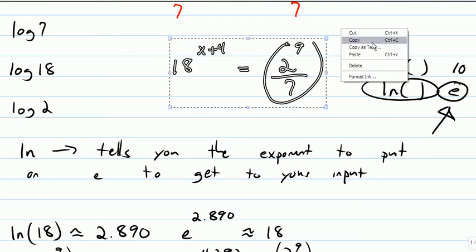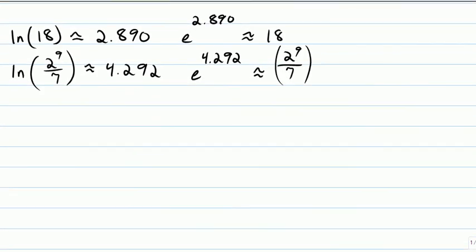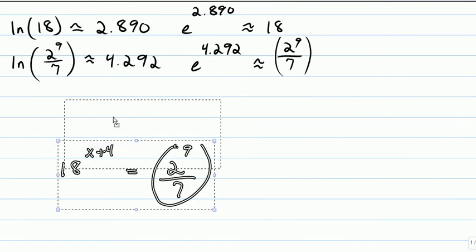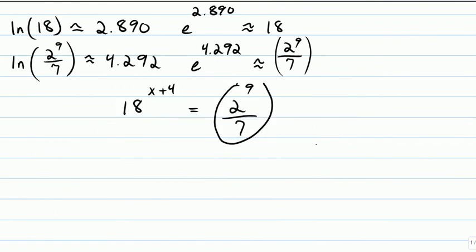Let me copy this and bring it down here. Okay, so the kids say, hey, bases are different on both sides. We can make them the same. We're going to work with the base of e. It might not make a lot of sense to us, but we know we've got a function built into our calculator that'll do it. So 18 is e to the 2.890.